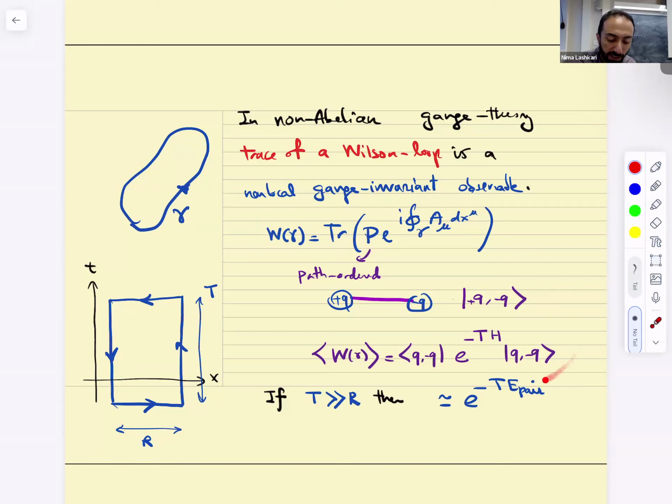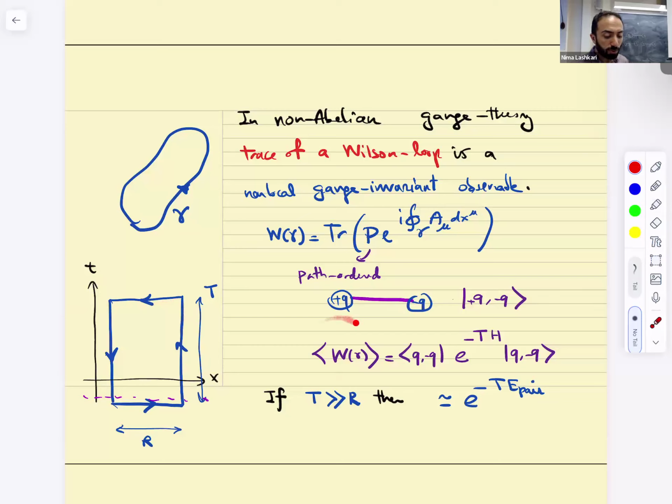What is the interpretation of this? If I cut this path integral here, that's like preparing this state, Q minus Q. This bit of it is like e to the minus capital T times the Euclidean Hamiltonian, and then this part of it is the overlap with Q minus Q.